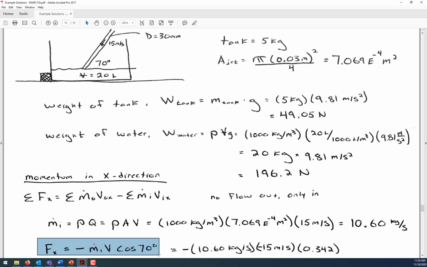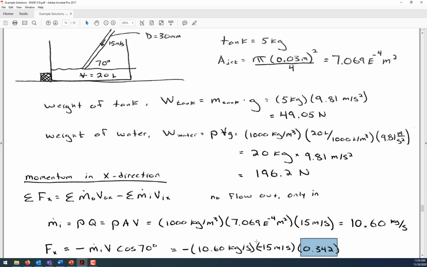So there's minus the mass flow rate in times the velocity, and then cosine of 70 because only a fraction of the velocity is in the x direction. So what fraction? 34.2%. If you calculate the cosine of 70, then that tells you it's only going to be a small portion of the jet's velocity that's in the x direction.